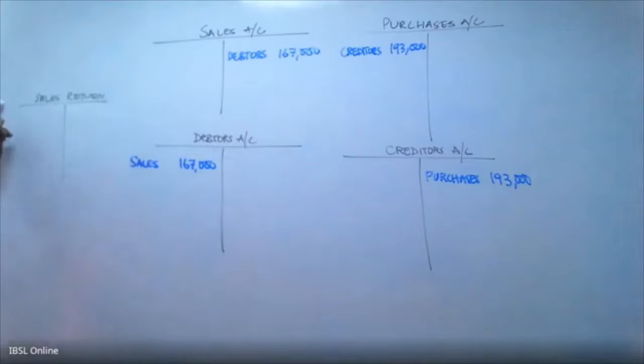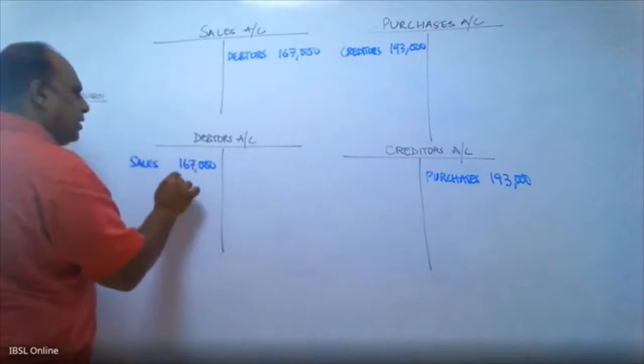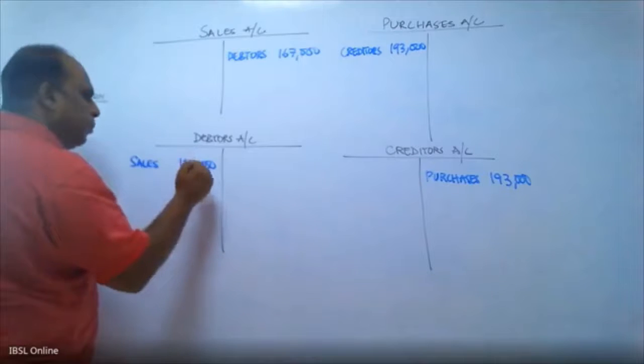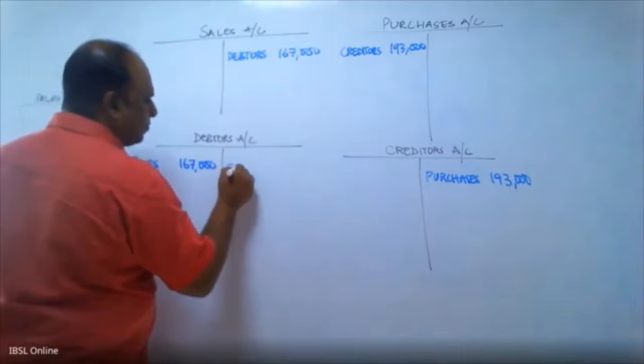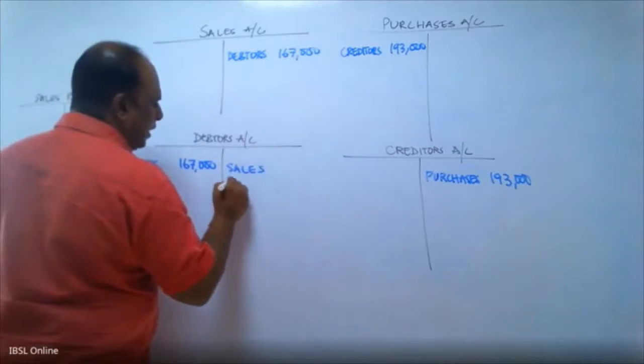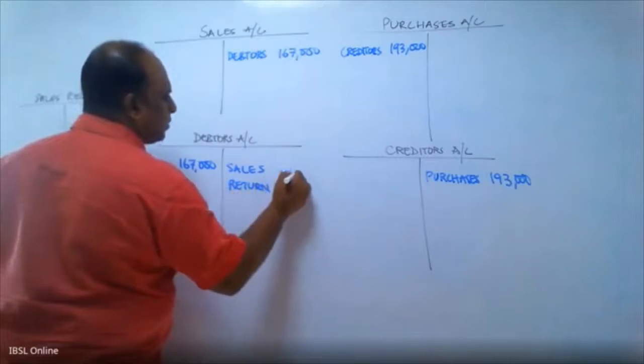So I will debit my sales return account and credit the debtors account. Why? Now the debtors need not pay me 167. They need to pay me less 12,000. So I will credit 12,000.